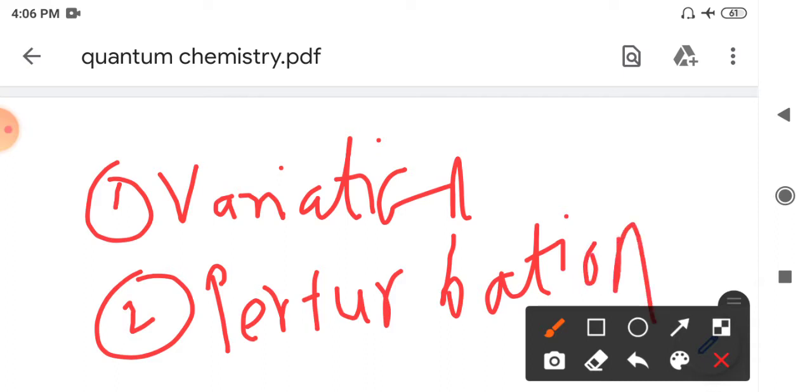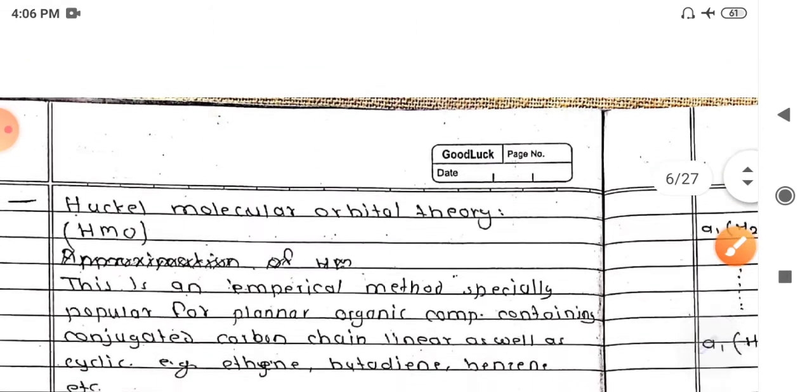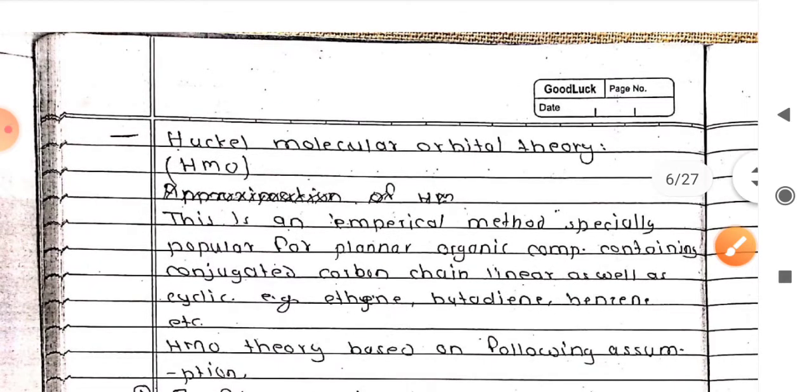These are the two types of approximate methods that are generally used for obtaining the wave equation for a multi-electron system. Okay. Now the next important theory is the Huckel molecular orbital theory.